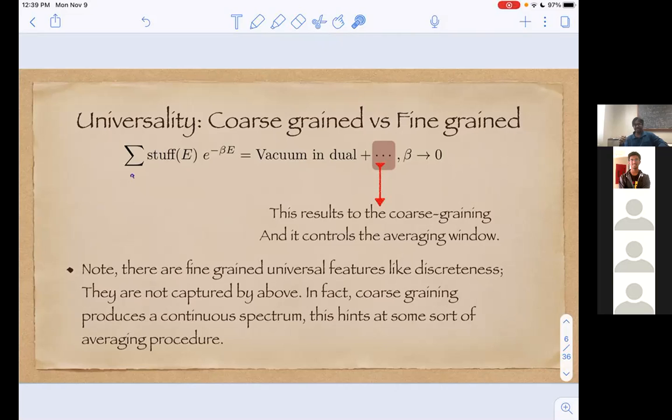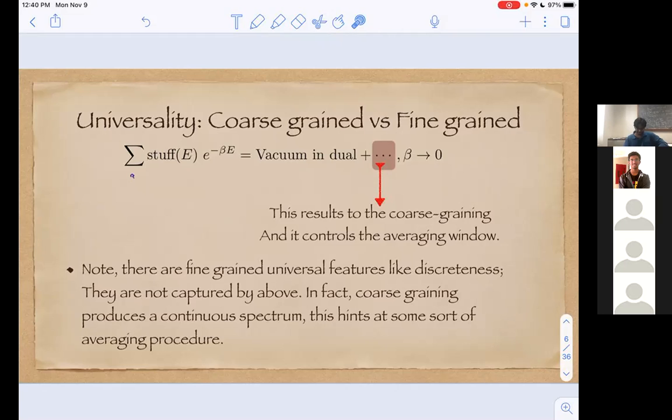So basically, you truncate and then there is an error, and this error controls the averaging window. The best you can hope is that maybe you can put some conditions on the CFT. For example, in chaotic CFT, you expect these errors don't matter much, and then the averaging window would be very, very small. So effectively, the coarse graining is gone. But that's a very special scenario. Okay, thanks.